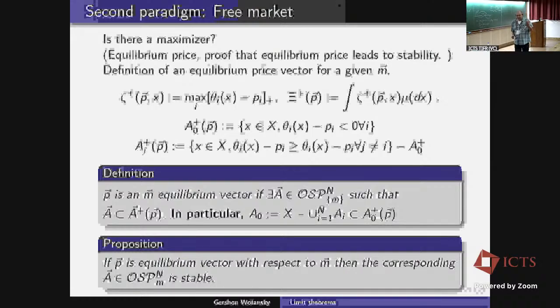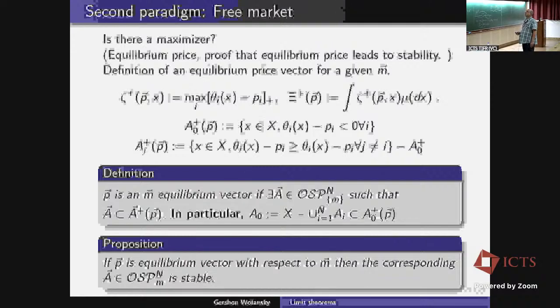We think about each I as a seller, which sells some good, some commodity called I. And so each client, each agent X, theta X is the surplus for agent X, the consumer X, buying the item I, and the seller charges a price PI for the commodity I. So each one of the consumers will look for the item which maximizes profit, right?